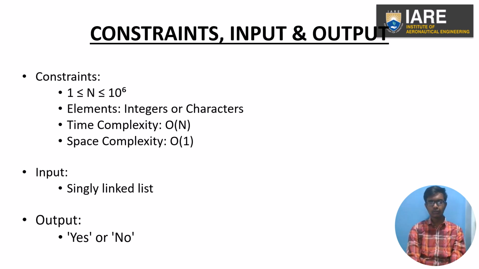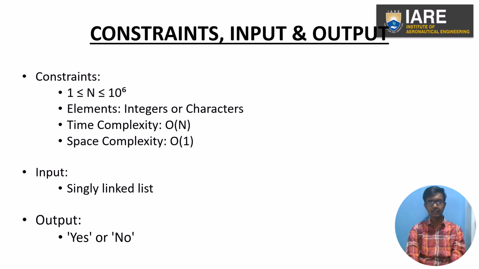Now let's go through the constraints, the expected input and output which are given to me. The first constraint is that n must be greater than or equal to 1 and lesser than or equal to 10 to the power of 6, as we all know in this problem statement. The elements in that list must be either integers or characters.